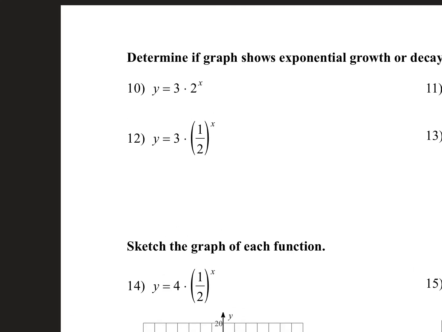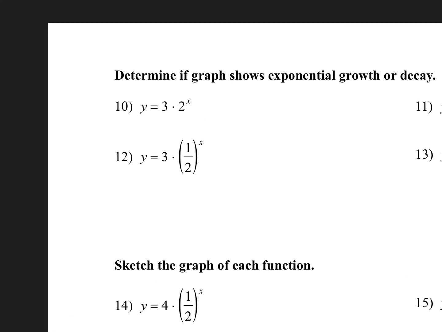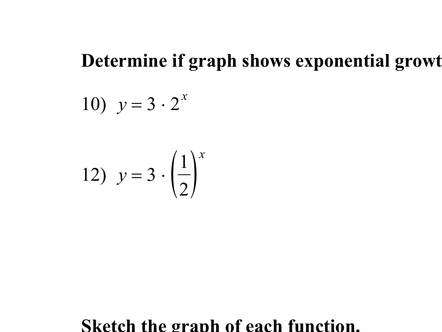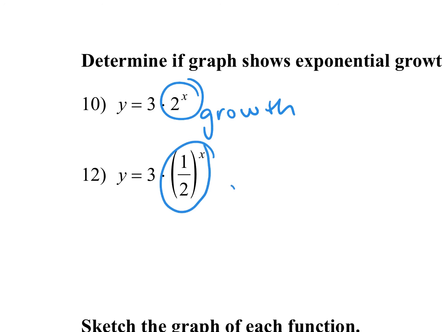So let's look at number 10. Determine if the graph shows exponential growth or decay. What do we think for number 10? Growth. Why is it growth? Because the number that has the exponent is bigger than 1. What about for 12? Decay, because the number that has the exponent is less than 1, so that would be decay.